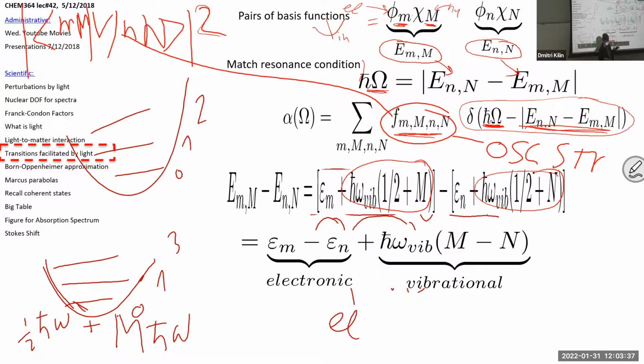E sub m, which can be either found from experiment or computed by quantum chemistry. The energy of vibrations has a regularity. So if it is only one interatomic mode, one vibrational mode, we know its frequency, and then this quantum number stands for how much heat, how much energy of oscillations is stored in a given mode.